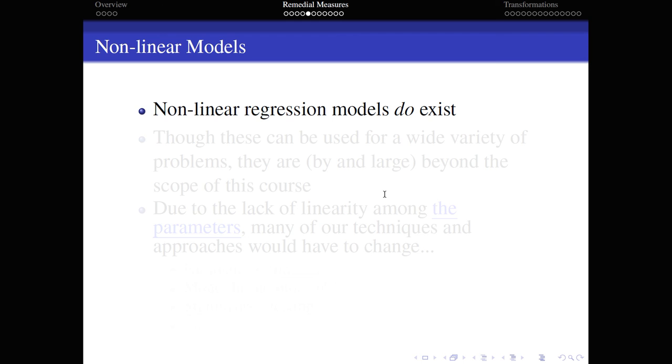There are such things as nonlinear regressions. So you might think, oh my gosh, if I can model curves with a quote unquote linear model, then there's nothing I can't do. Well, actually, there are some different equations that you don't have access to with just linear models. So there are nonlinear regression models that give us access to those types of relationships.